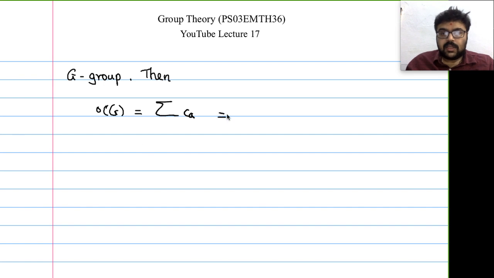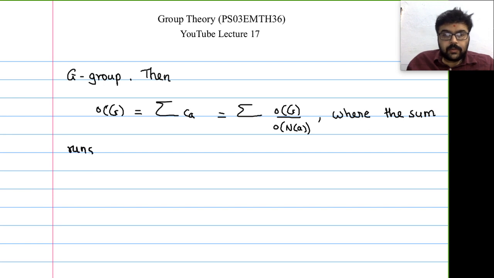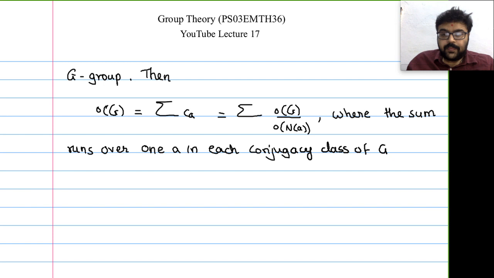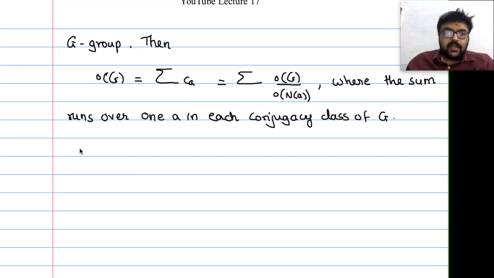This is what we have seen, but this is the same as the summation of order of G upon order of N(A), where the sum is not over all A in G, but the sum runs over exactly one A in each conjugacy class of G. So this much we have seen, and N(A) is the normalizer of A, which is all those elements which commute with A. So N(A) is all X in G so that XA equals AX, right?